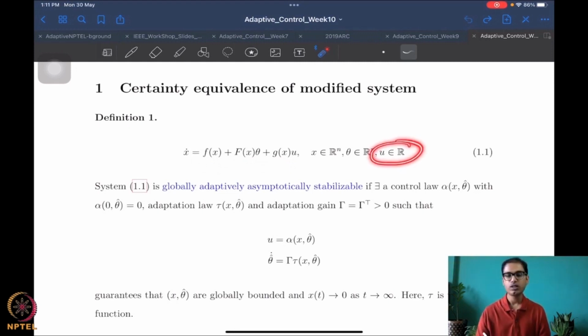We've already seen global asymptotic stability, but here we are talking about global adaptive asymptotic stability.